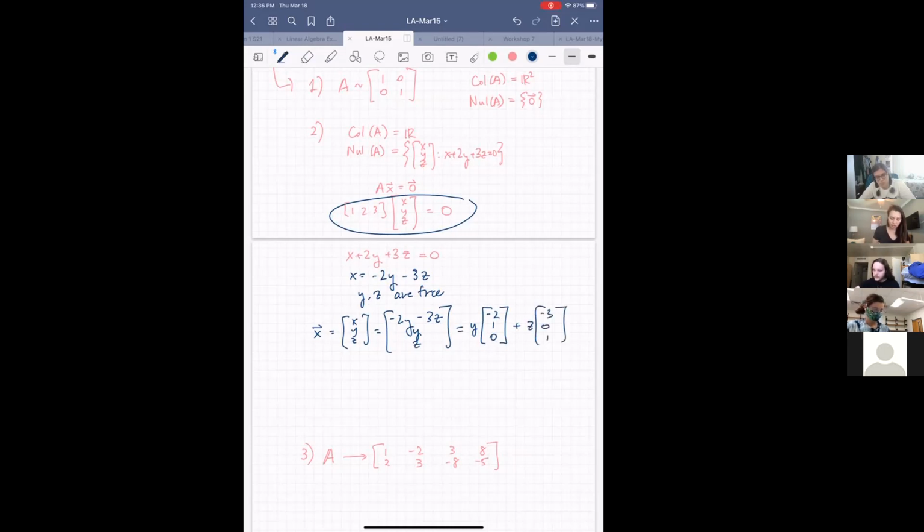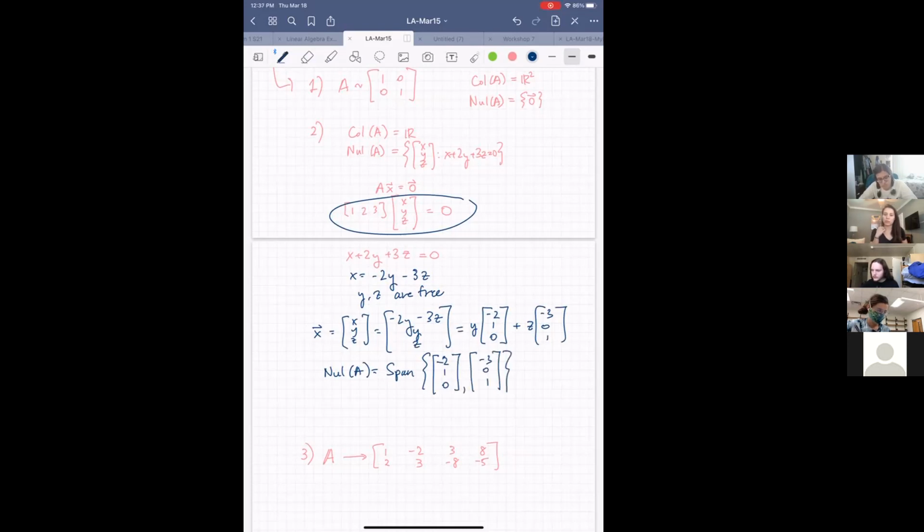And then the null space of A, if you want to write it as a span of vectors, is the span of -2, 1, 0, and -3, 0, 1.